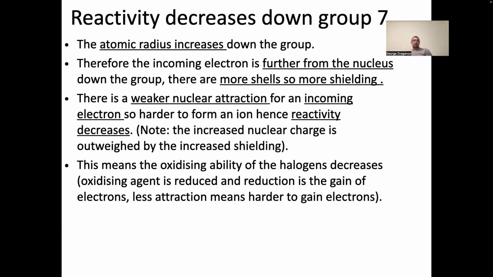So the best oxidizing agent will be fluorine because it's the smallest, so it gains the electron the easiest. So the oxidizing ability of the halogens, just like their reactivity, decreases down the group because there's less attraction towards an incoming electron. So it's harder for them to oxidize other things.